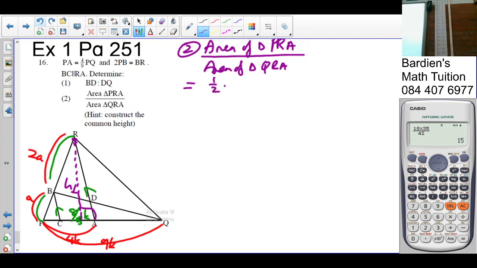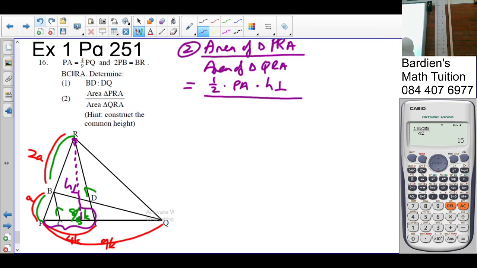It will be half base times perpendicular height. So for triangle RPA, the base is going to be PA times our perpendicular height H, which I've drawn in there.